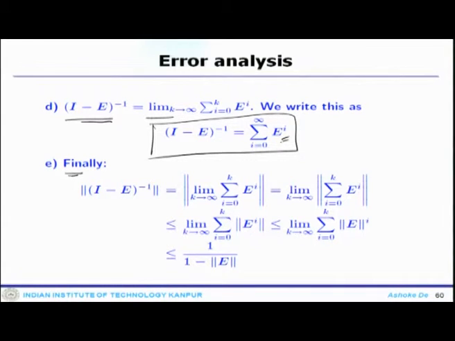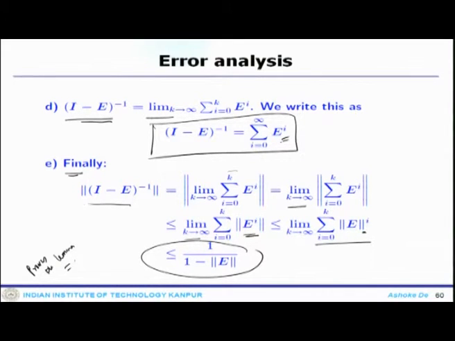In the final step, the magnitude of that equals the limit as k tends to infinity of the sum from i equals 0 to k of E to the power i, which is less than or equal to the limit of the sum from i equals 0 to k of the norm of E to the power i, which is nothing but 1 by 1 minus the norm of E. So, it proved the lemma.